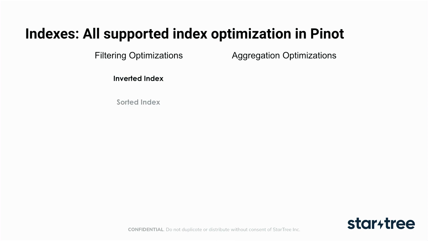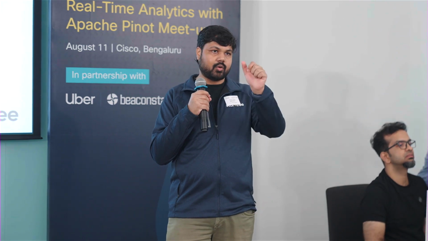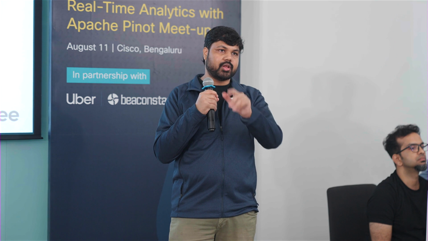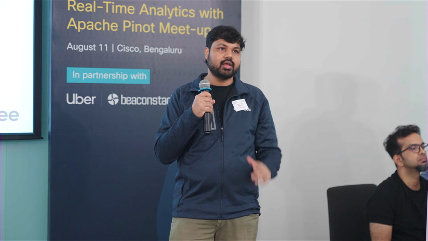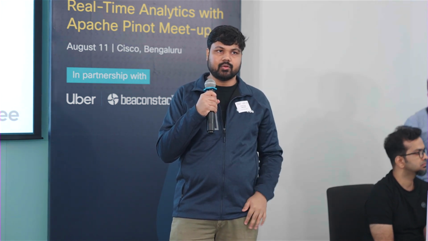We have support for range indexes as well. In the range index, you can do queries like where timestamp A is greater than or equal to T1 and less than or equal to T2. We have a JSON index where, rather than breaking down JSON into multiple table columns, you can directly ingest the raw JSON itself in Pinot.